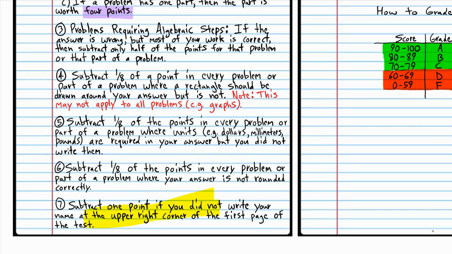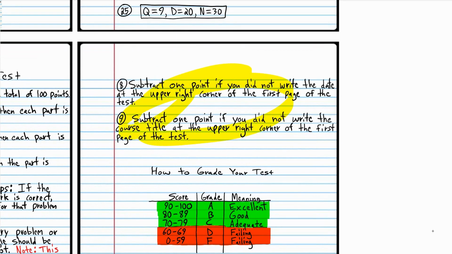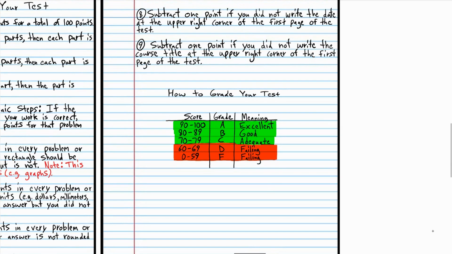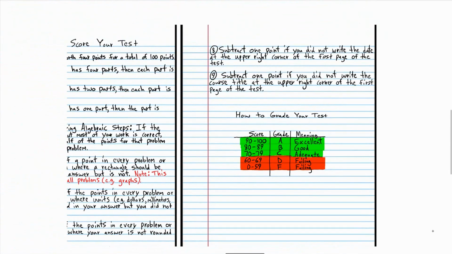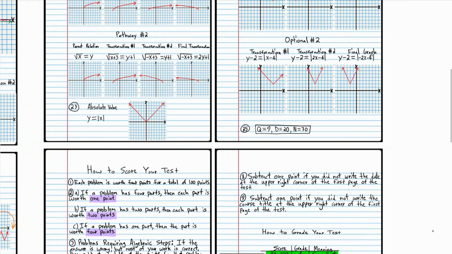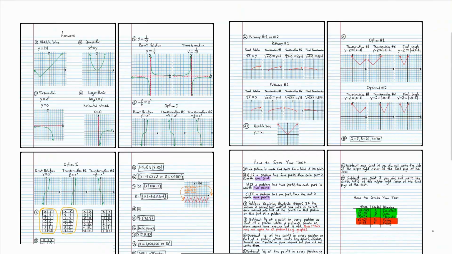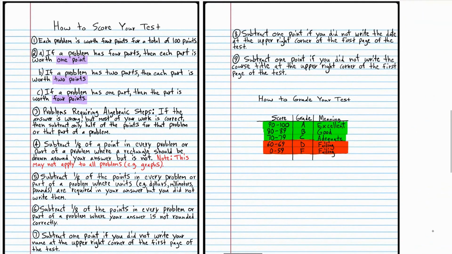You need to write your name, of course, and the date and the course title. If you don't do that, then you're certainly going to lose points, because that's what would happen in school. Teachers really don't like that when you don't write your name or the date or the course title. So that said, go ahead and score your test, and maybe I'll leave these guidelines here.